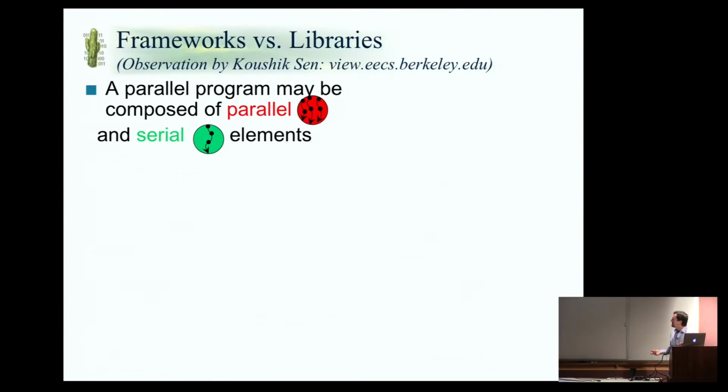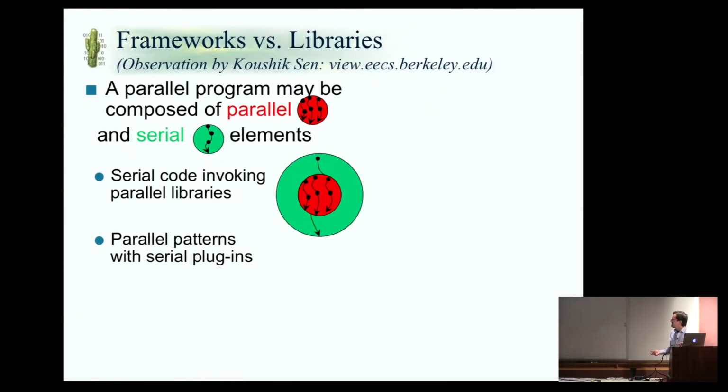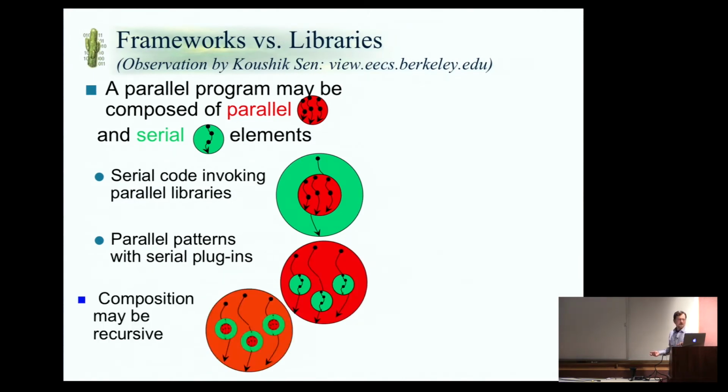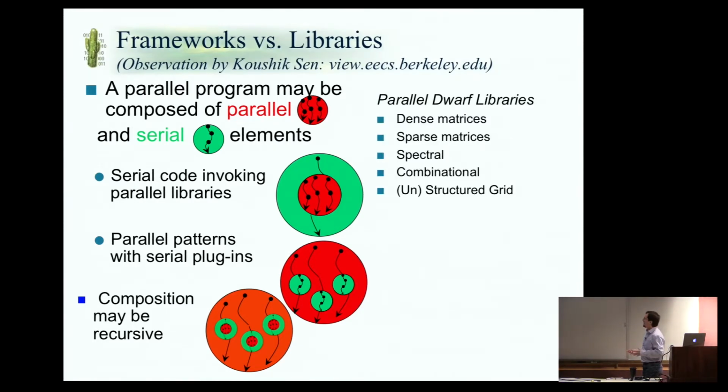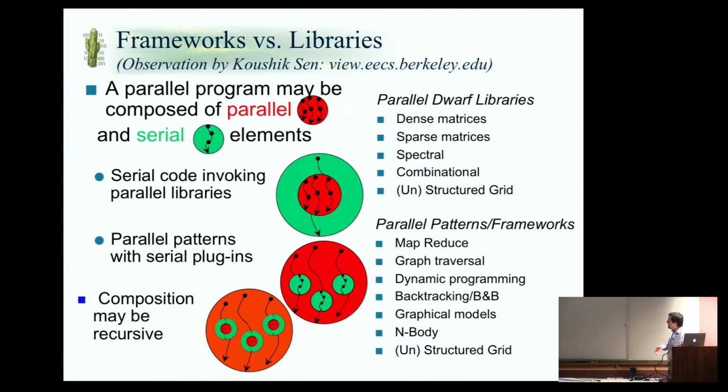Kaushik Sen, who's here at Berkeley, in Parlab, made the observation that a parallel program could be composed of parallel and serial sections, and a serial code can invoke a parallel library. You can think of the framework as doing the inverse of that, where the framework is pre-running and invokes your plugin, which is a serial component. And you can think of having different frameworks for different parallel patterns.